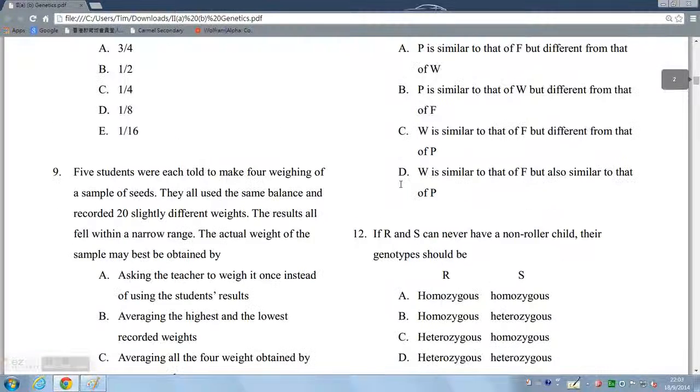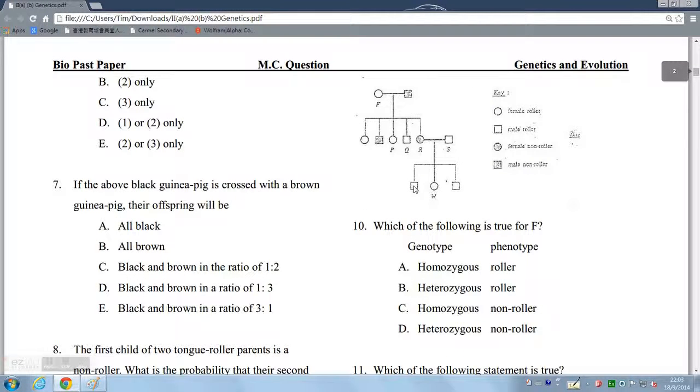And so this tells us that these children will never receive two recessive alleles from these parents. And this means that these two, R and S, cannot pass recessive alleles to their offspring together. And so this means that S can never pass any recessive alleles to his offspring.